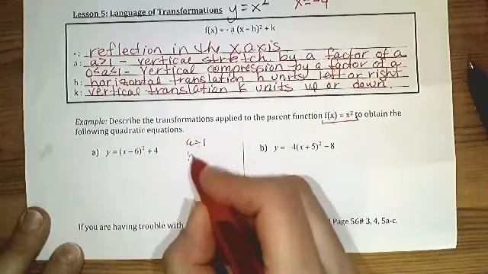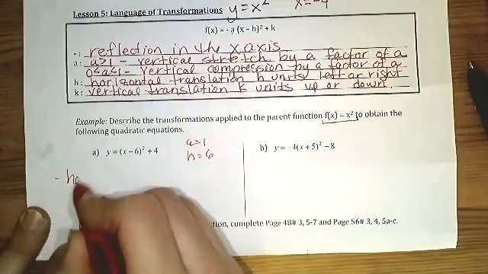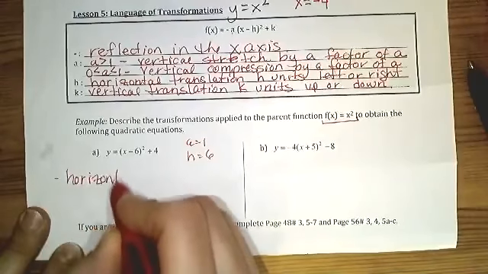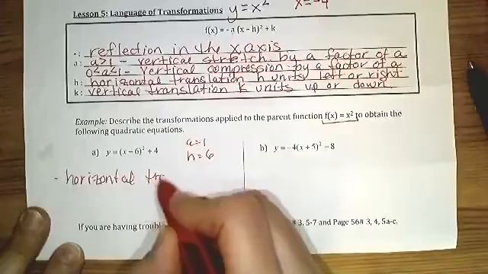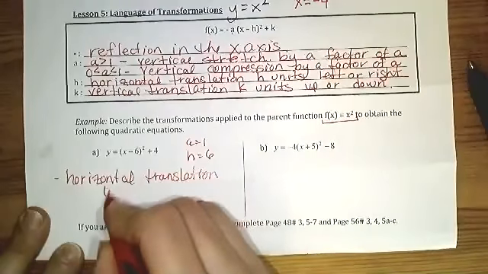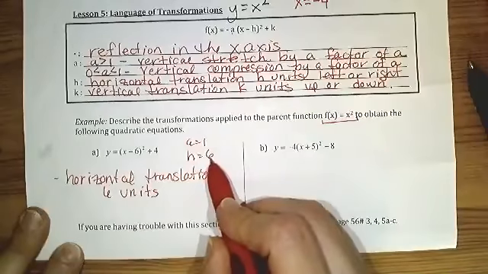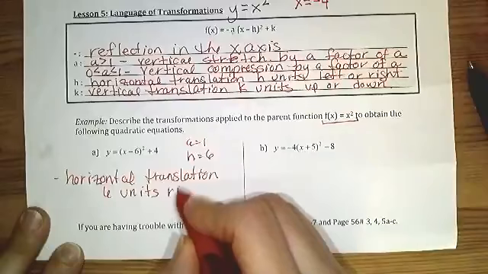Then we have our h value, which is 6. We said the h value is a horizontal translation, 6 units. And because it's a positive h value, 6 units right.